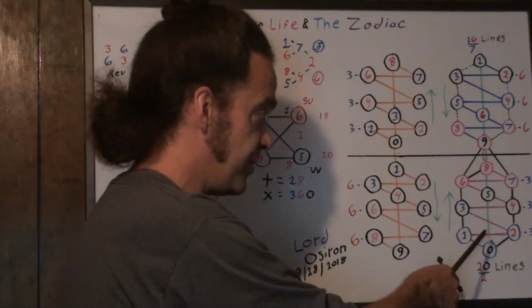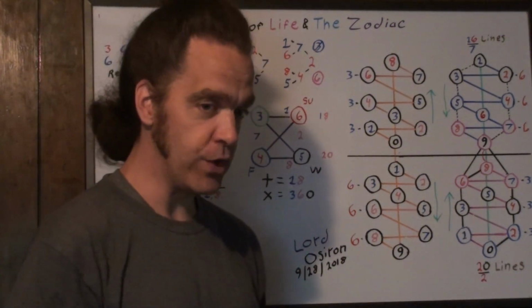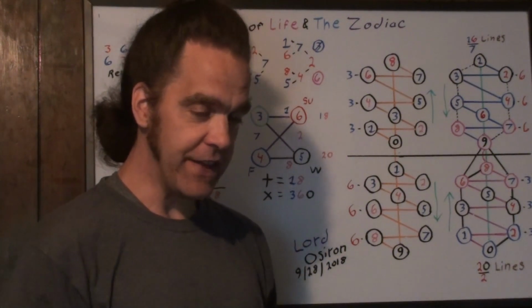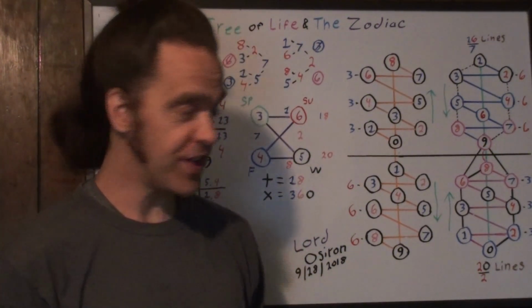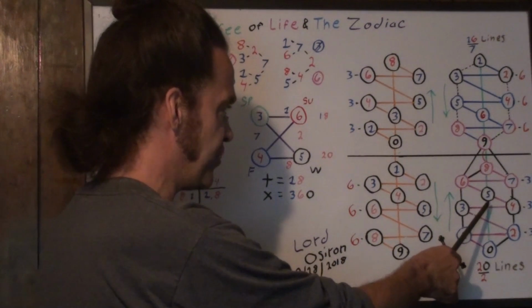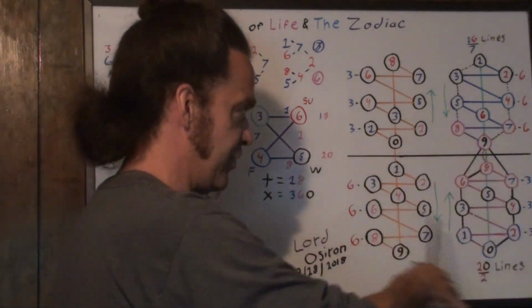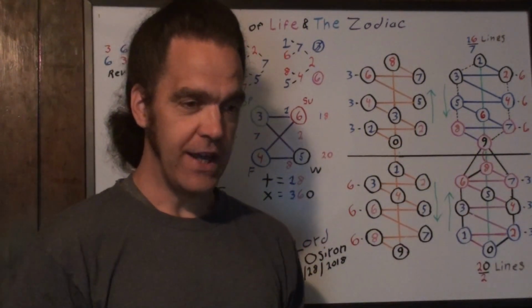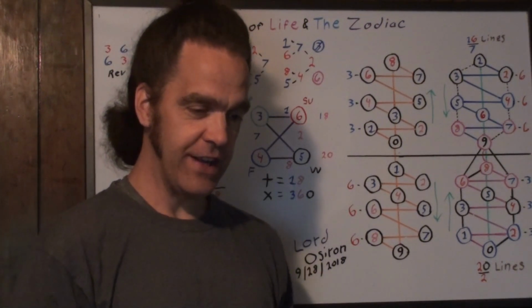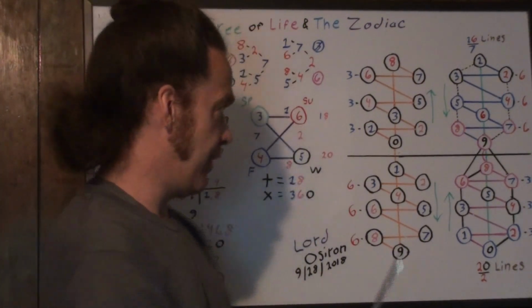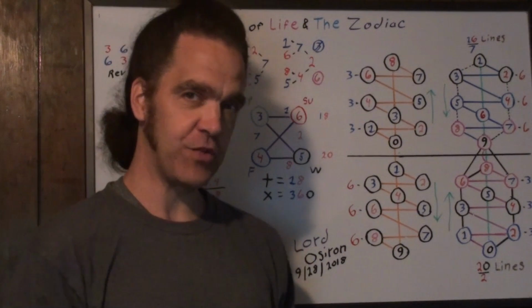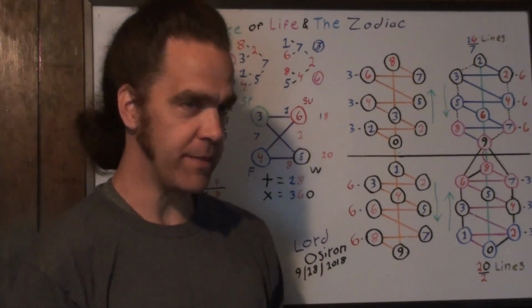But on the true tree, when you multiply the numbers, it reveals 360. So this is showing the seed nature of this, and then when it expands into its quadrant form, the 360 is showing the expansion of that seed, which is pretty amazing.